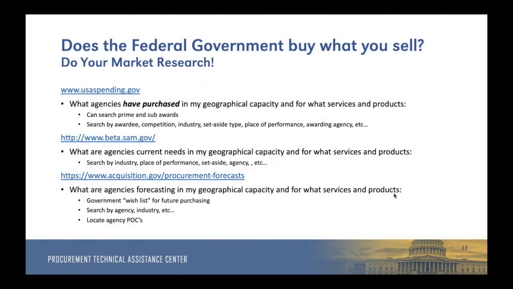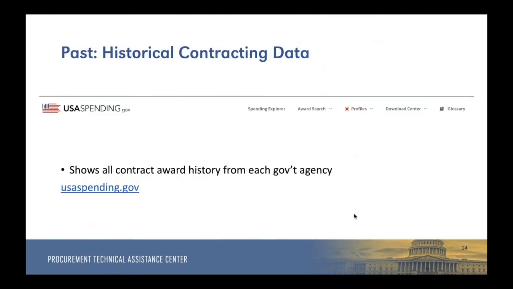So it's just projects that they have on the horizon that they know they want to get done. And they put these out so that you can see, okay, they're looking at doing something in this industry, which I'm capable of doing, and you can have that in the back of your mind as you're getting ready for the year. So we'll jump into each of these now.